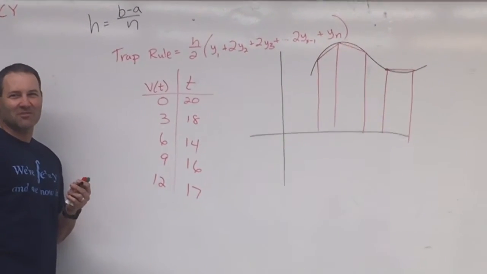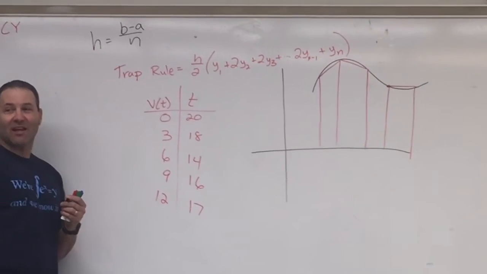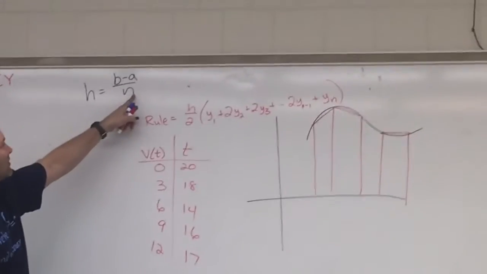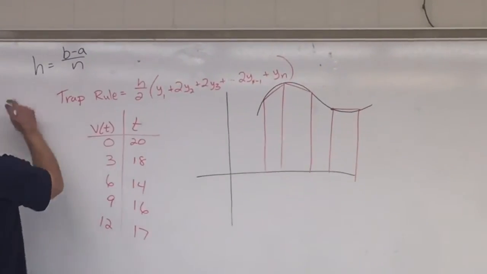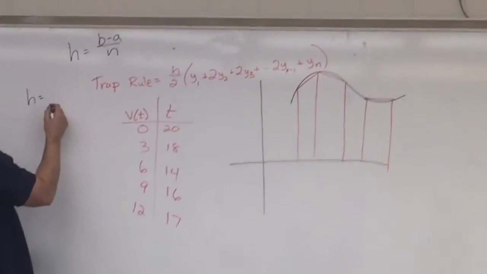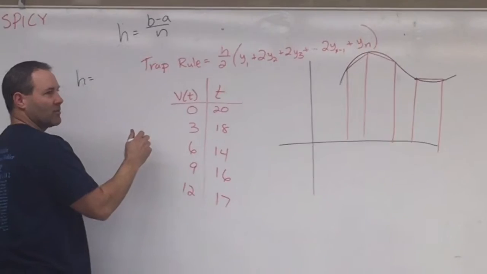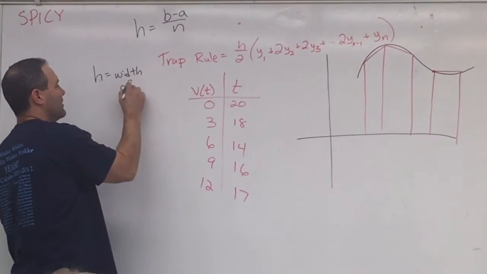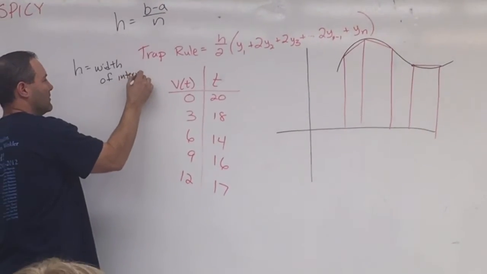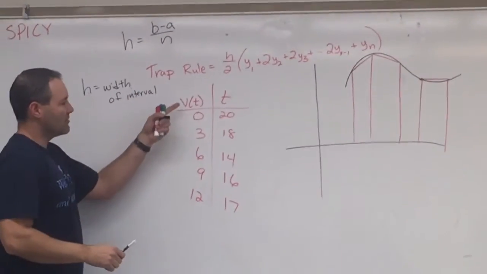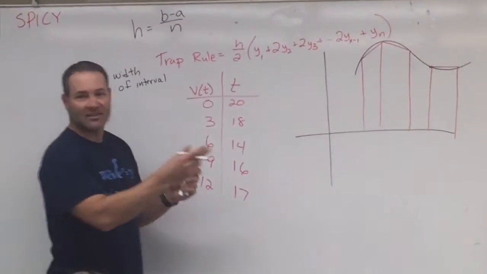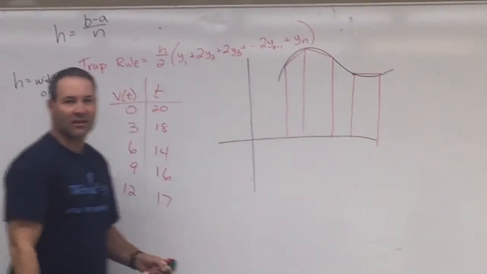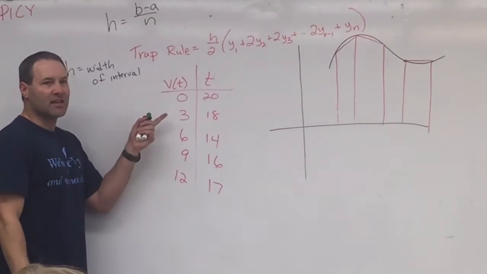So n is the number of subintervals. h is actually the width of each interval. It should be w, but h stands for the height of a trapezoid.